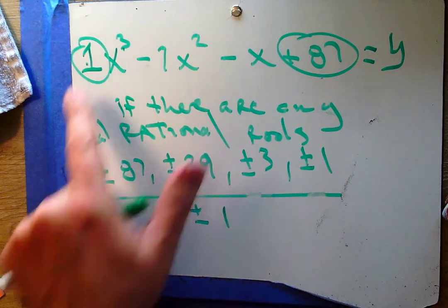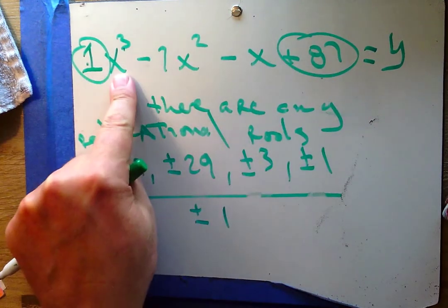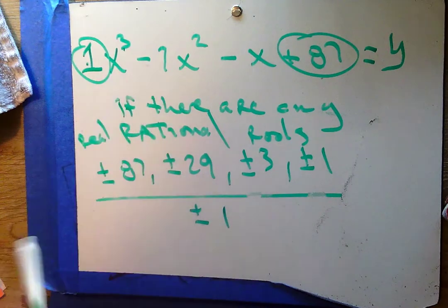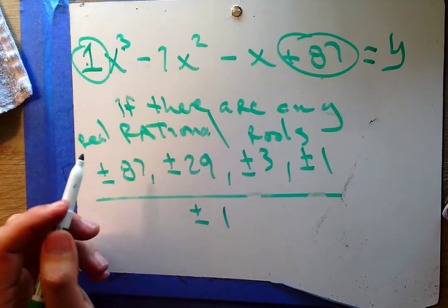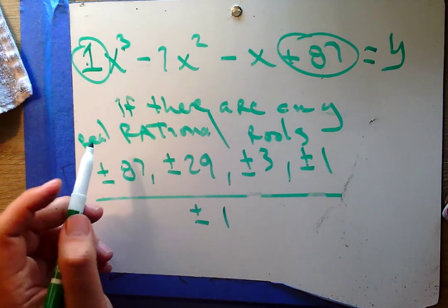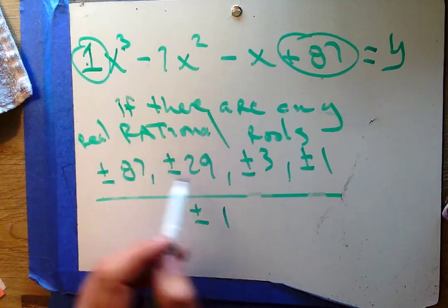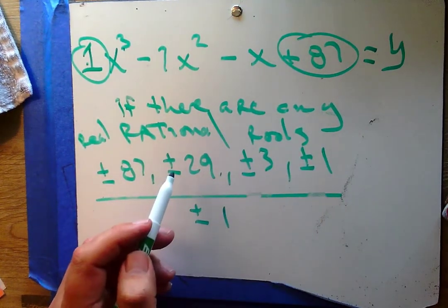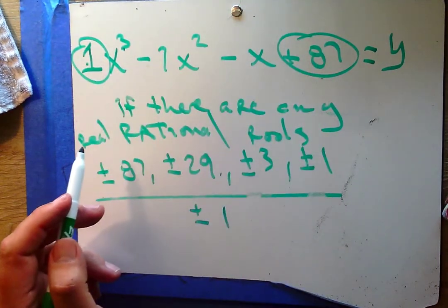If there are any real roots in this polynomial, and we know there must be at least one, thanks to our fundamental theorem of algebra, then at least one of these 8 numbers will work in here with synthetic division.